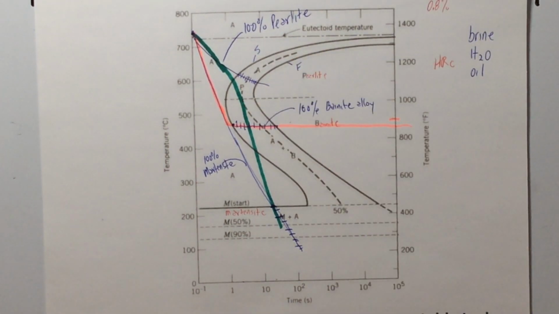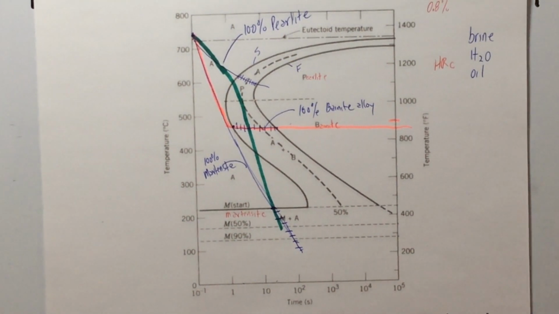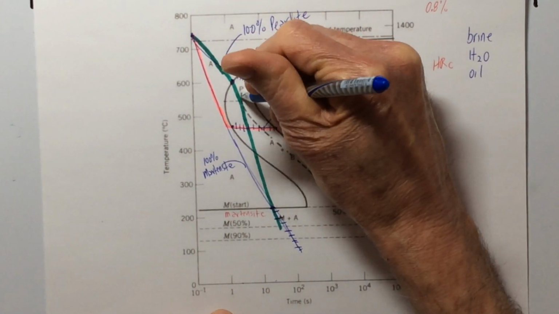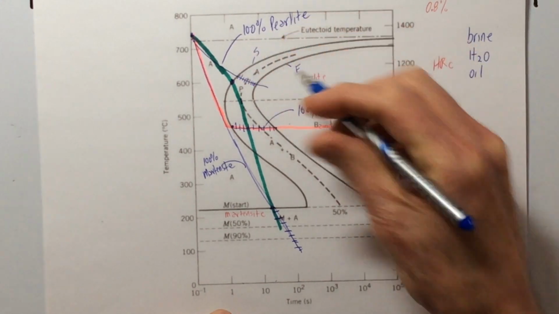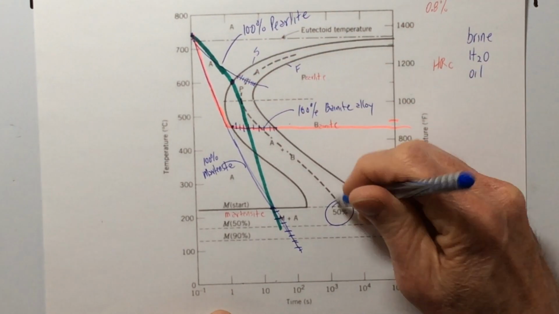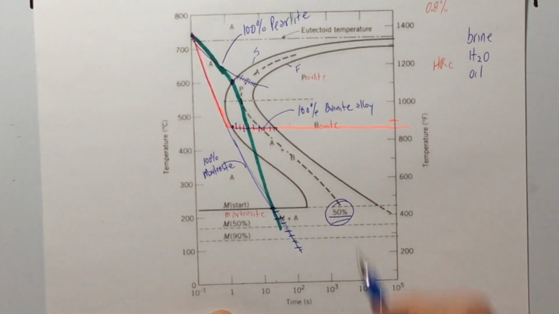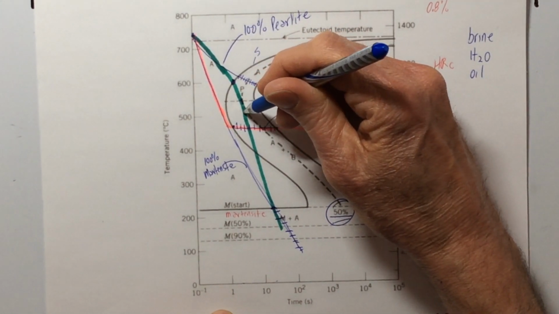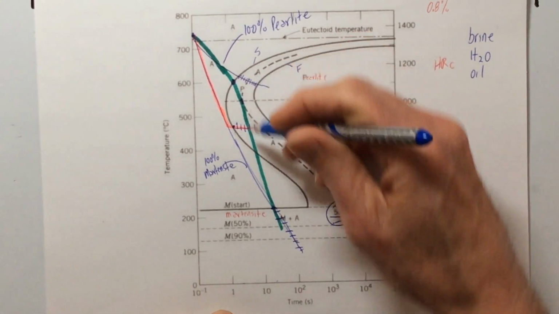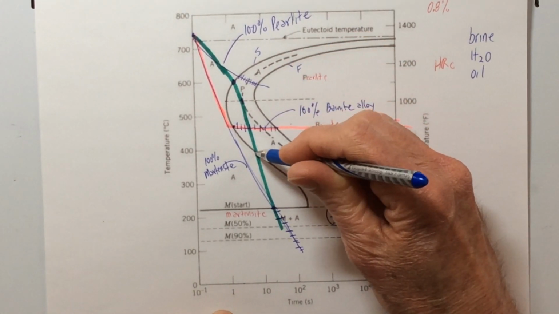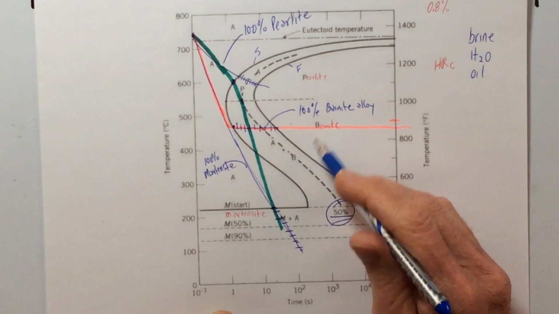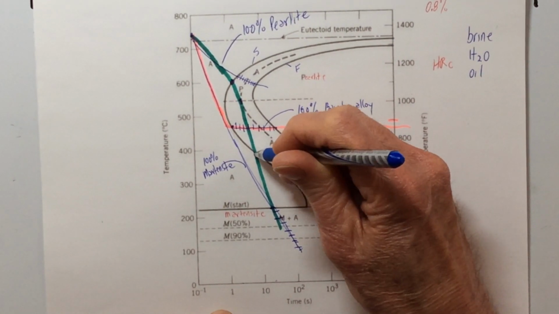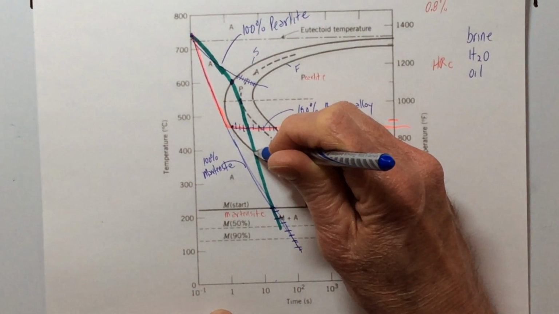Notice that it went in right here in perlite at a certain time, and it got to the maximum, and this dotted line is a 50% line. It got to 50% perlite. That was its maximum, but it kept falling off. Well, it exited down here, technically in the Bainite region, but that is a starting or a beginning transformation line, so that did not affect it.